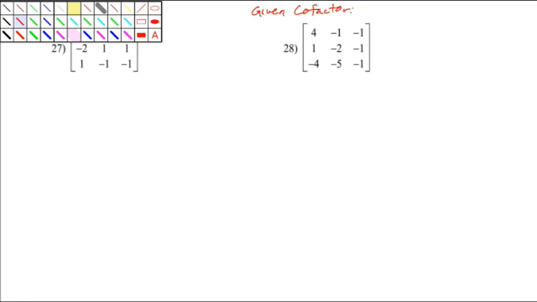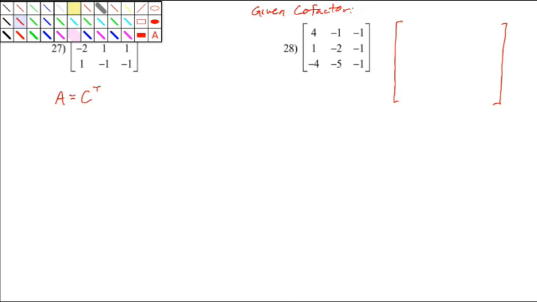Let's look at a 3 by 3 example. To calculate the adjugate, we know that we're going to get a 3 by 3 on the output of this operation. And we also know that the adjugate matrix is equal to the transpose of the cofactor matrix.